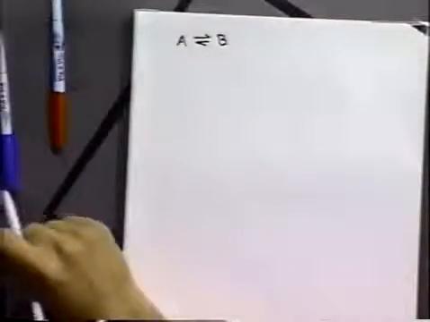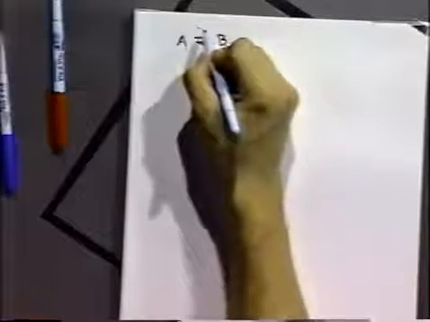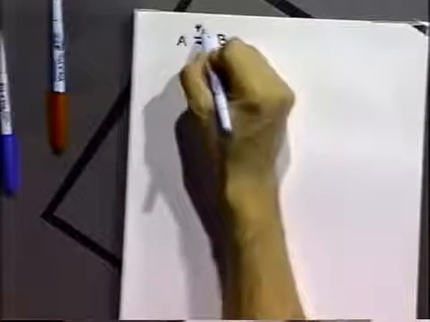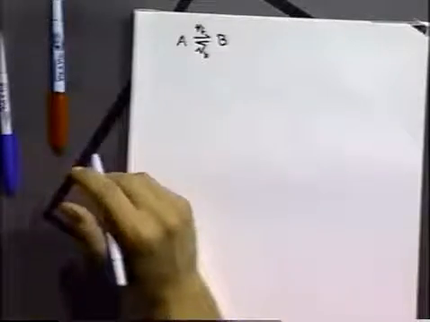Let's take as an analogy a typical homogeneous process. Again, let's take A to B. Now, A going to B can be characterized again by kinetics, but we can also say there's a rate, a velocity in the forward direction and a velocity in the reverse direction.